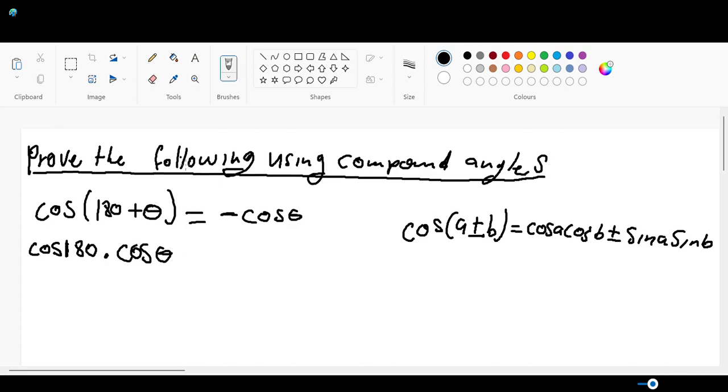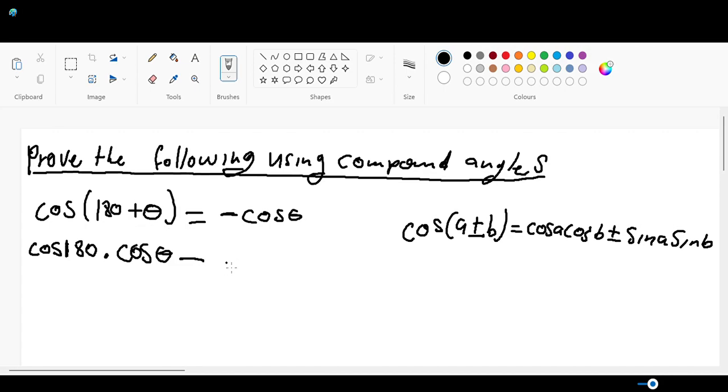Then, because here we have a positive sign, and remember we have plus or minus here, the sign there is going to be negative. For the fact that we have positive here, the sign here is going to be negative. Let me just undo these red marks here. Now we can continue.